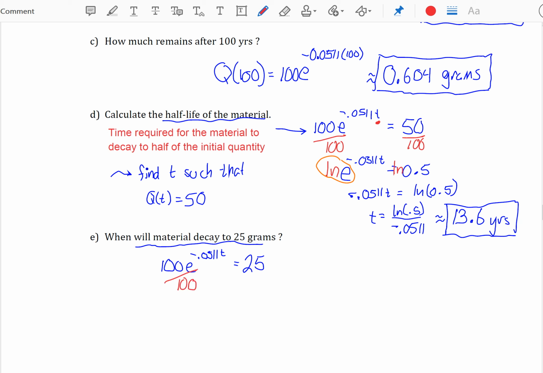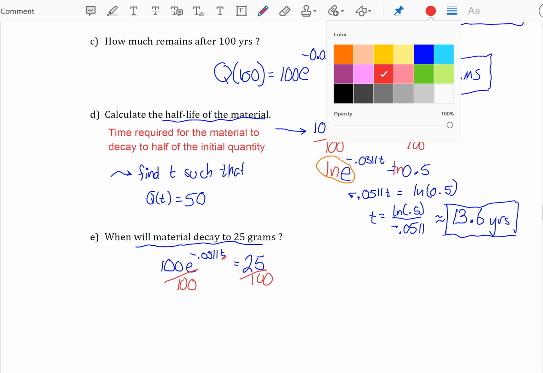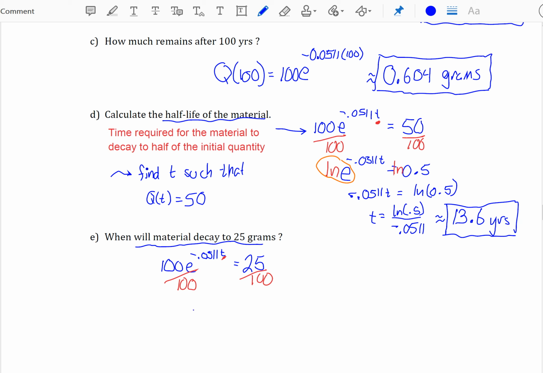But if you're solving for t again, you have to divide both sides by 100, which leaves e to the negative 0.0511t equals 0.25.